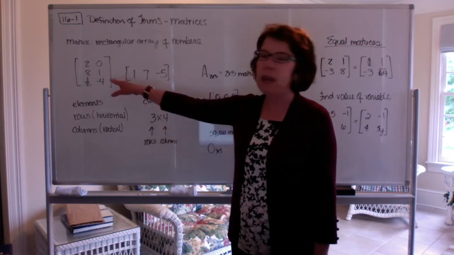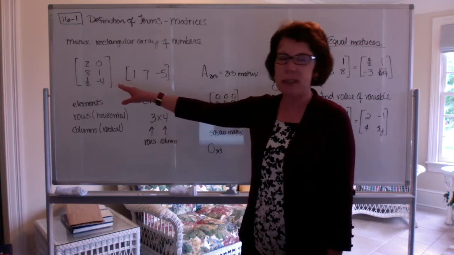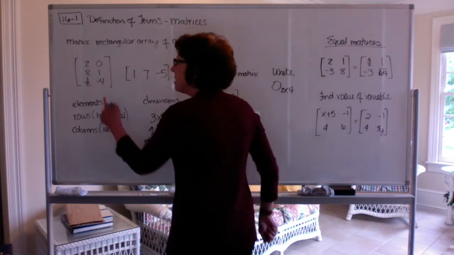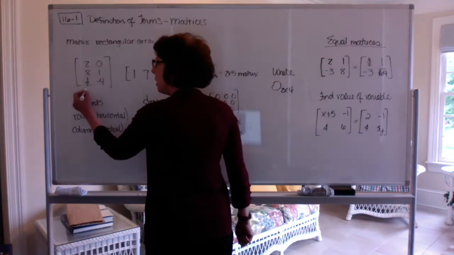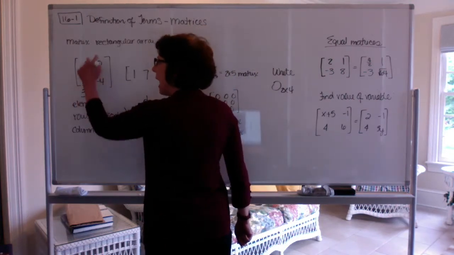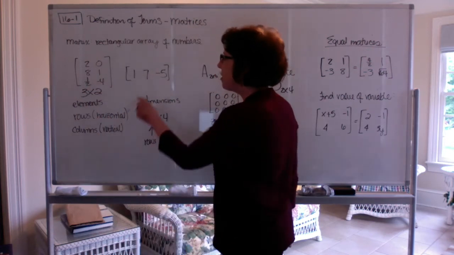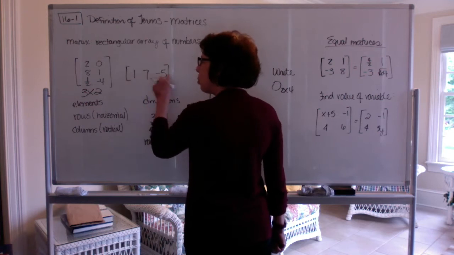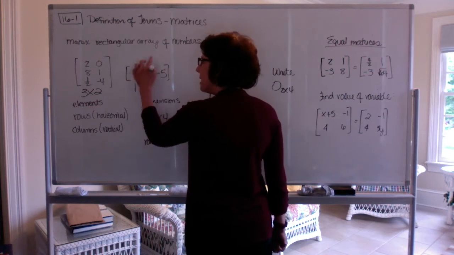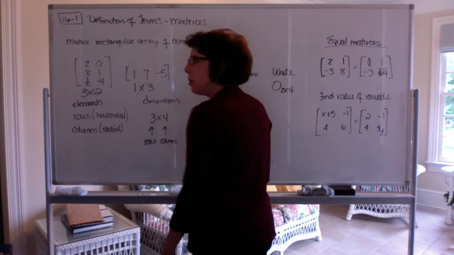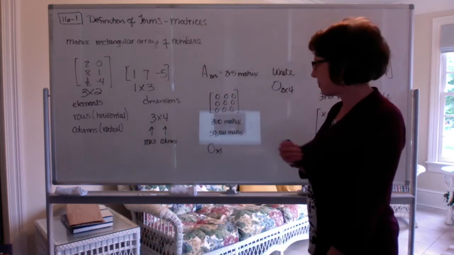So let's go over here and find the dimensions of this matrix. It has 3 rows, 1, 2, 3, so it is a 3 by, and it has 2 columns. So it's a 3 by 2 matrix. What about this matrix? This matrix has 1 row, but it has 3 columns. So that's a 1 by 3 matrix.